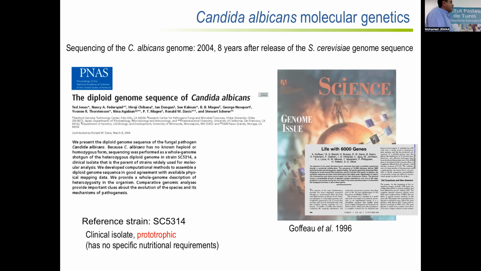So this reference strain that has been sequenced is prototrophic, meaning that it has no specific nutritional requirements. So this hampers the use of Candida albicans as a species for doing molecular genetics. So we need to create markers to be able to select for mutants later on.